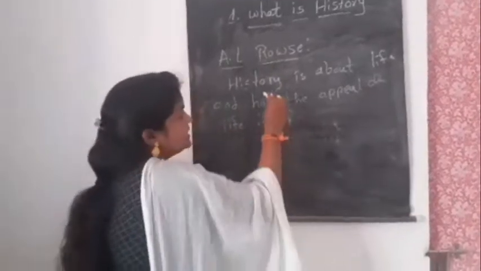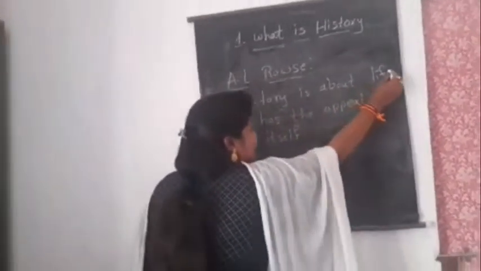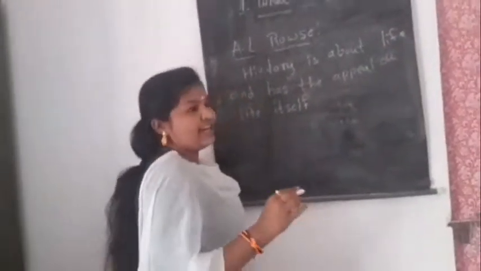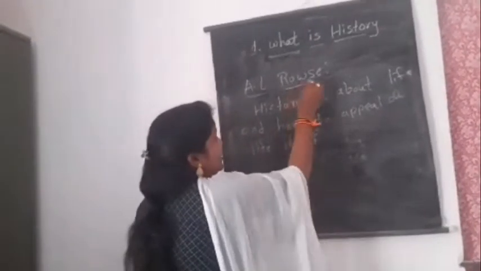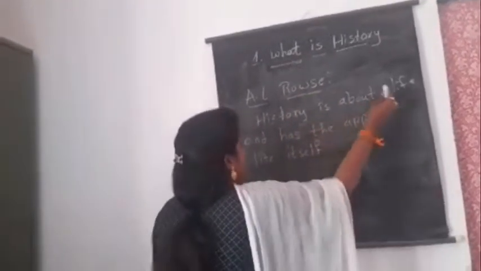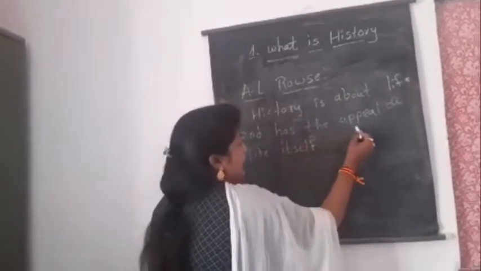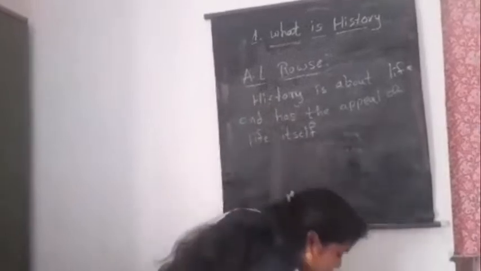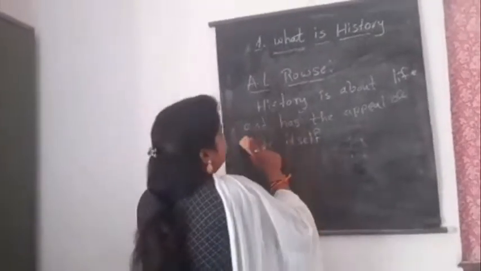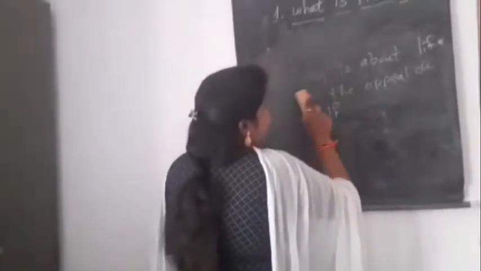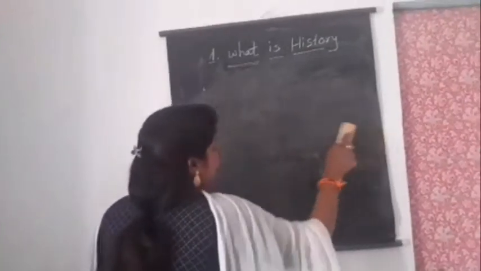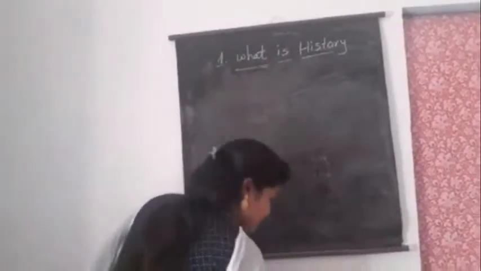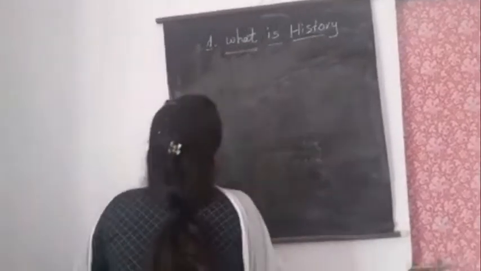A.L. Rowse said history is about life. He declared history is life. Who says? A.L. Rowse. History is about life and has the appeal of life itself. Okay? Then one more historian writes. The name is Herodotus.